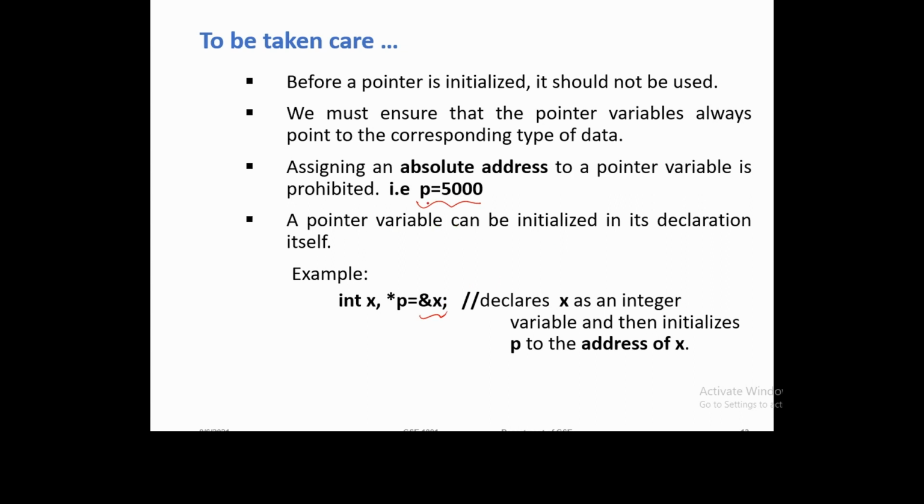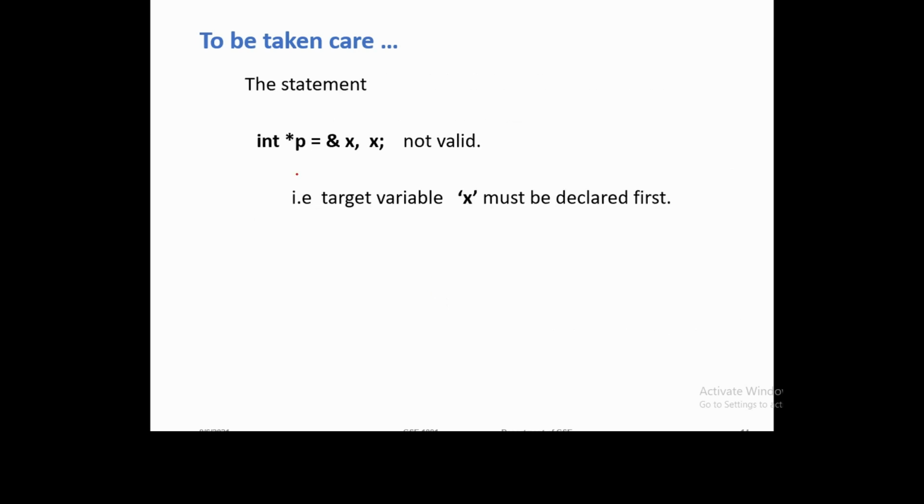So a pointer variable can be initialized in its declaration itself. So we can declare a pointer as well as initialize the pointer at the time of declaration. So int star p equal ampersand x, and we are writing this, but it is not possible because there is no variable of such type x here. So we are just declaring it after we are assigning the address of this to this pointer.